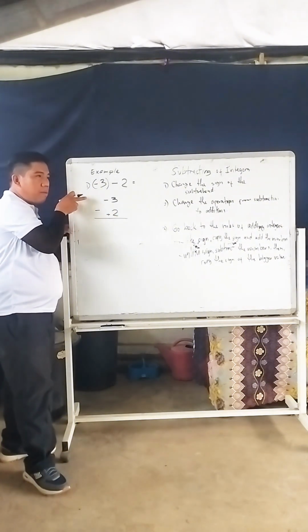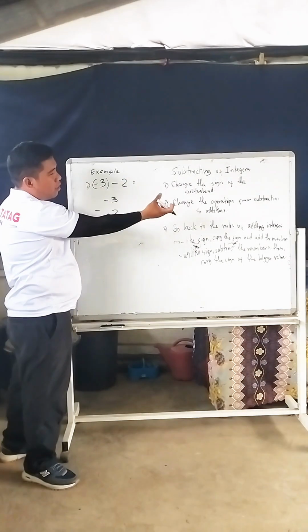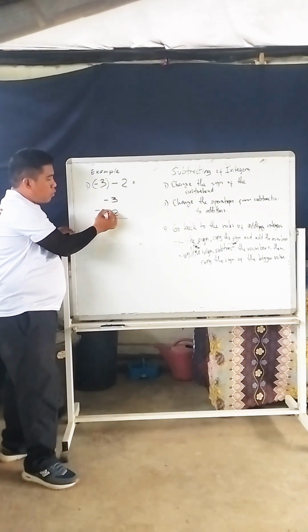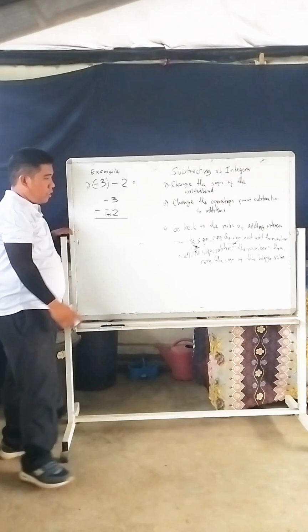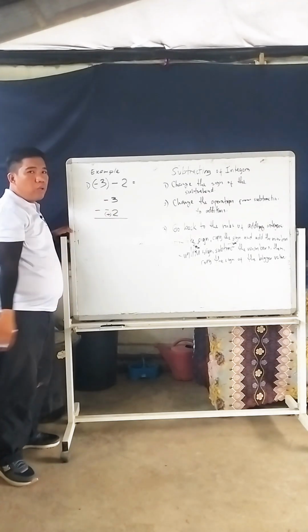Okay, we're dealing with subtraction. So 2 here is positive, and it says there that we need to change the sign, positive sign, to negative sign. Okay, change the sign of the subtrahend from positive to negative.